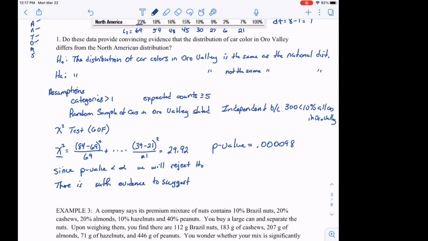My brain is lost. There is sufficient evidence to suggest that the color distribution in Oro Valley is different from the national distribution.